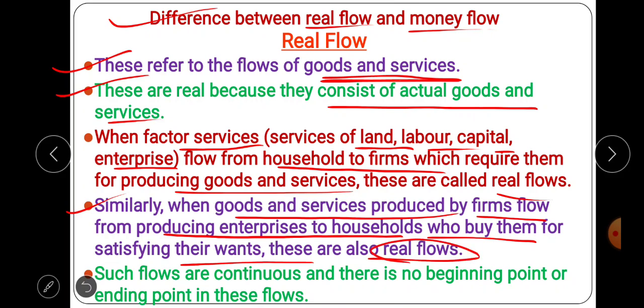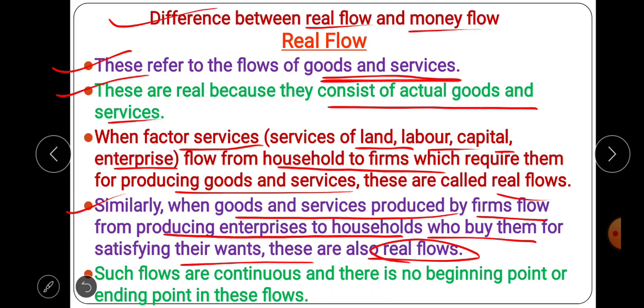Are you getting my point? So, in the real flows, the factor services, it means land, labor and capital, and enterprise, when transferred from household to firm, it is called real flow. And similarly, goods and services which are produced by the different firms that flow from firm to household, this is also called real flow.